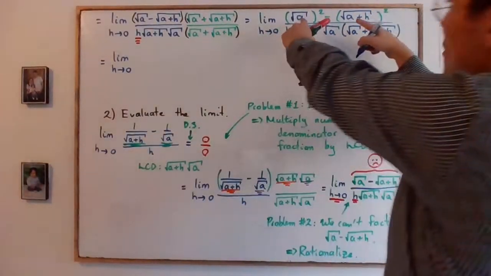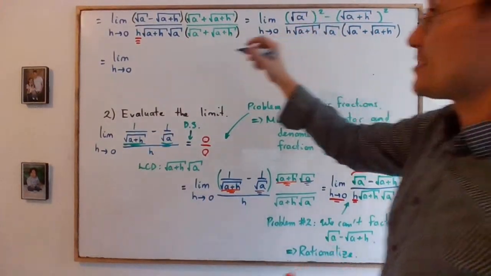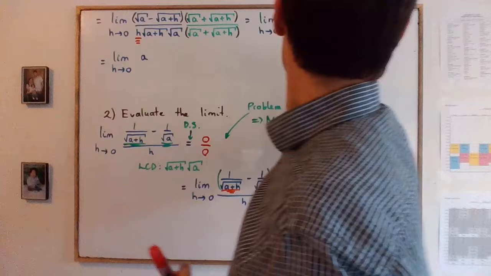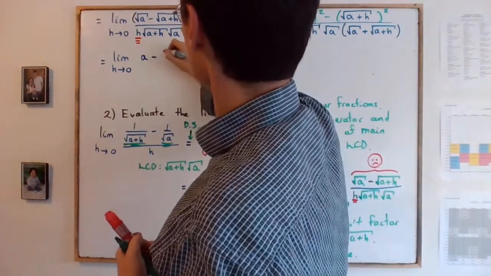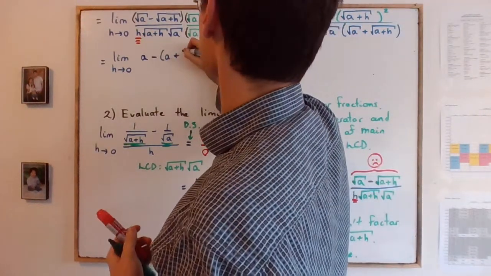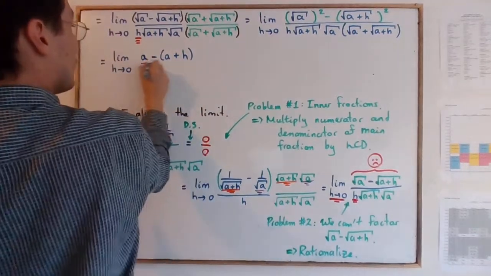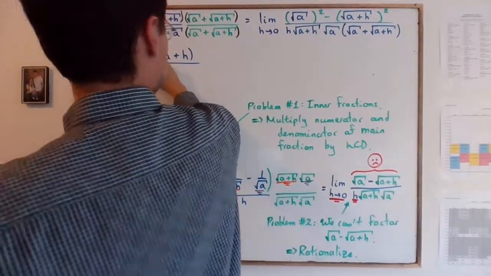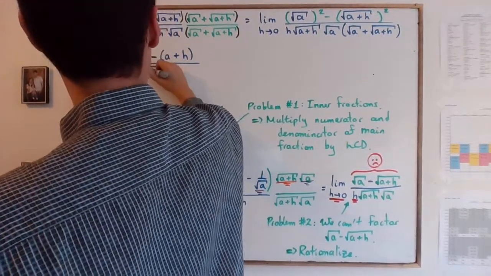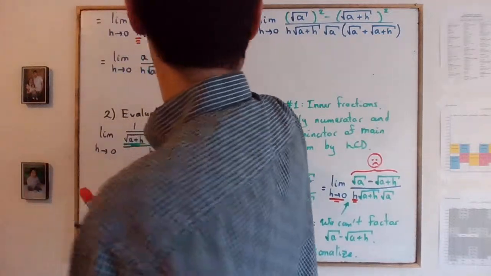Now, look carefully. We're going to square first. So we're going to get a, and then we're going to get here bracket a plus h. And then a big denominator as usual, but this shouldn't scare you.